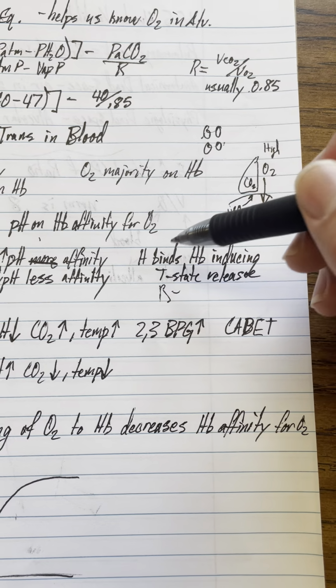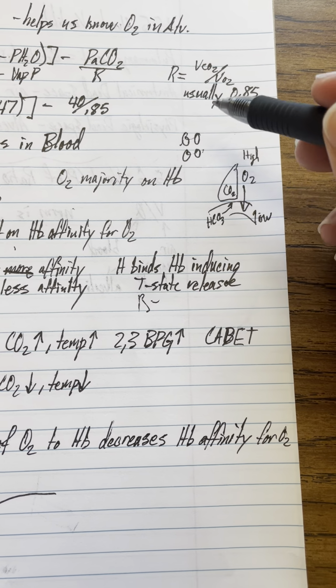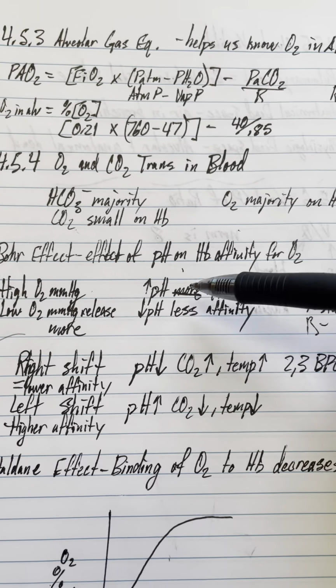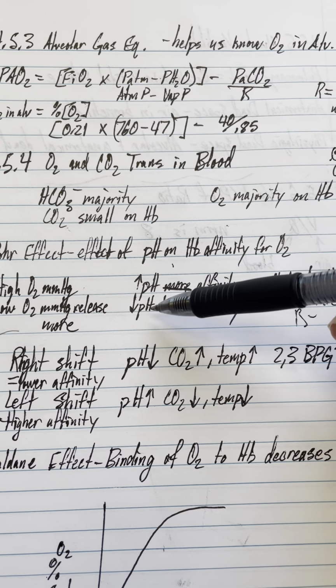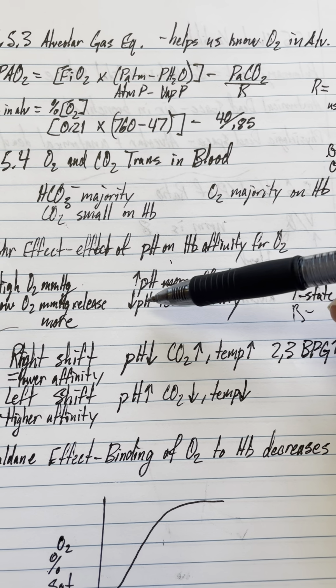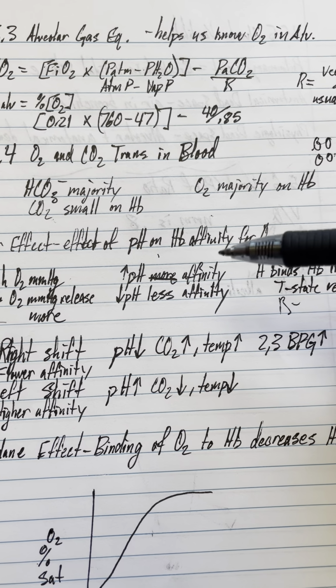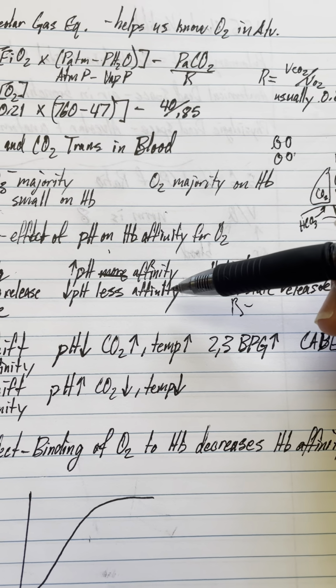So hydrogen, if it binds to hemoglobin, it induces that T state, which pushes off oxygen. So if you have a low pH, you have a lot of hydrogens binding to hemoglobin, and that's going to induce a T state and push off oxygen.